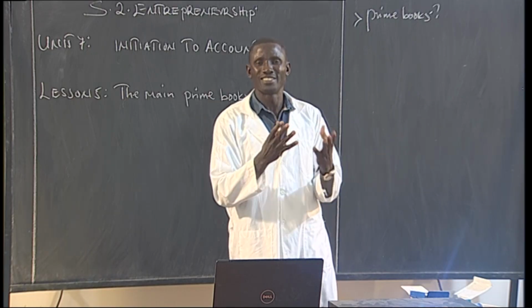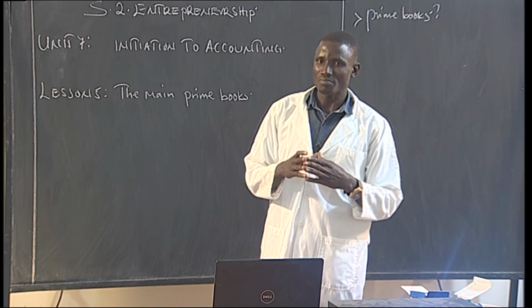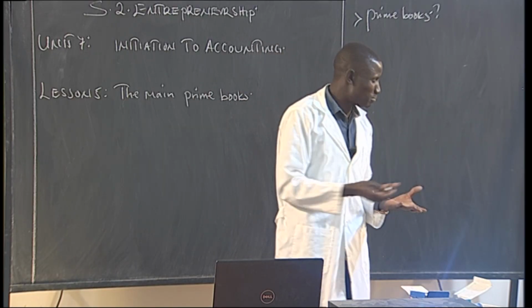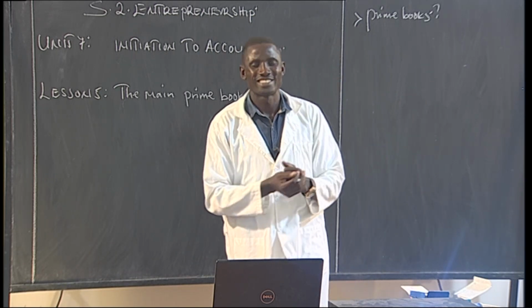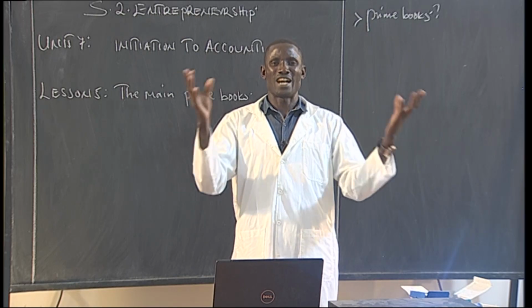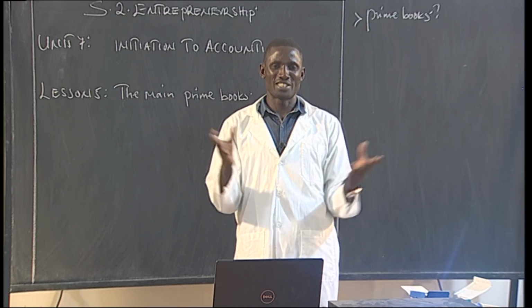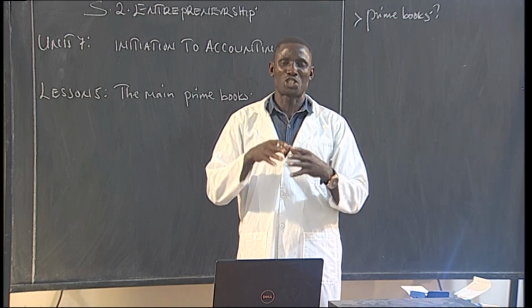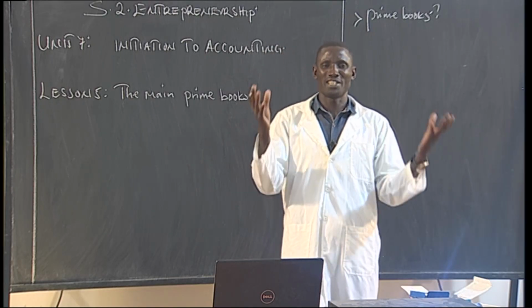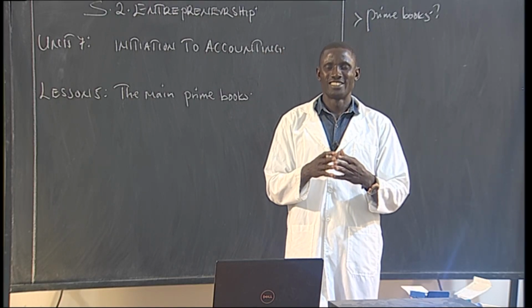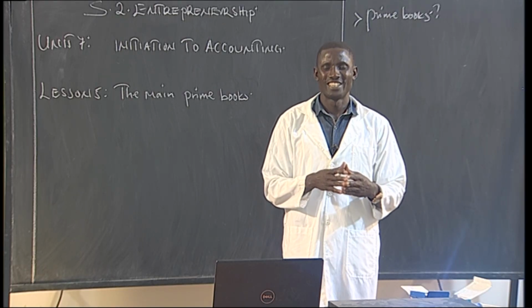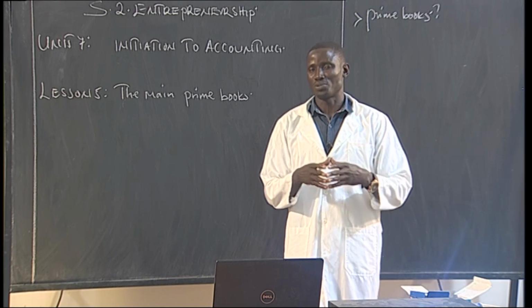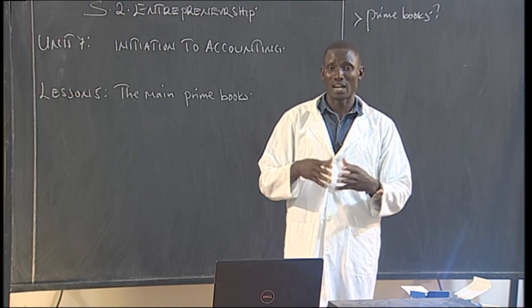we look at types of prime books. What are types of prime books? In accounting, in the business, in making your transactions, sales, expenditures. I know it is not your first time to hear this, because today is our continuation.